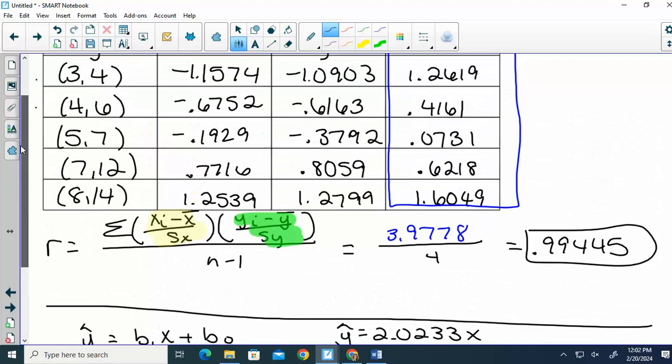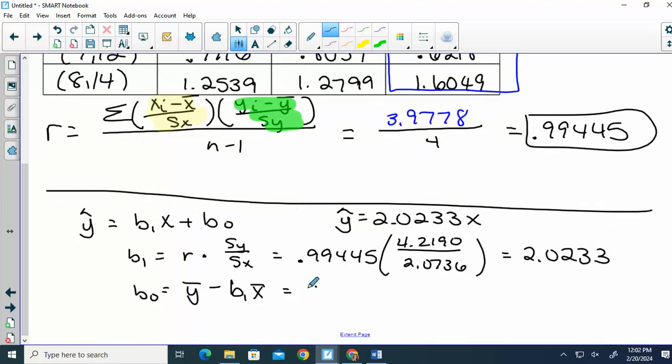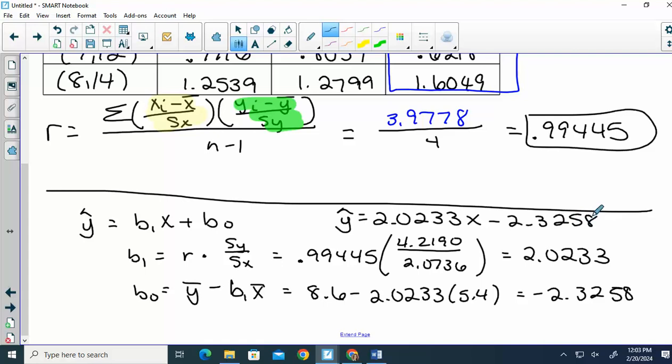So the mean for y was 8.6 minus the answer we just got times the mean for x, which was 5.4. Gives us negative 2.3258. So that's our actual equation.